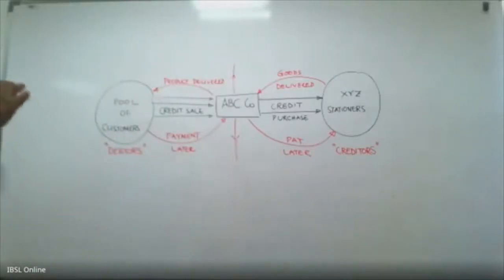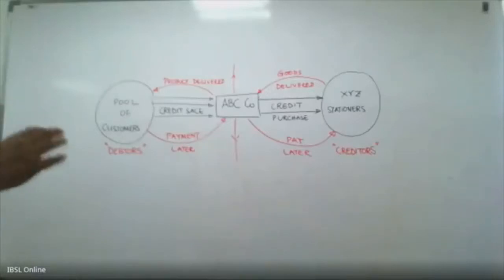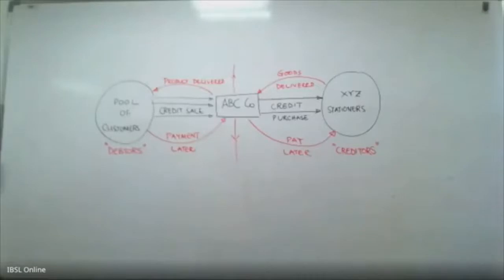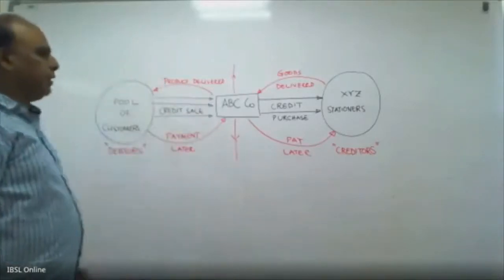So we are looking at the books of ABC company, how they will record transactions in their prime entry books. And they are a trading business concern, they sell products. So what happens? People will come and buy from ABC company.